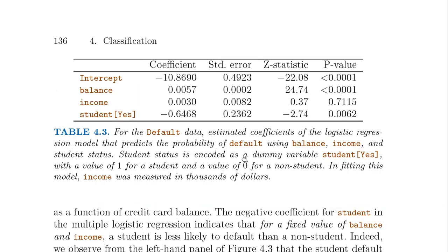So these are very small. But income, it's certainly not small, right? What do we normally mean by small? Well, it depends at which confidence interval you're working at.